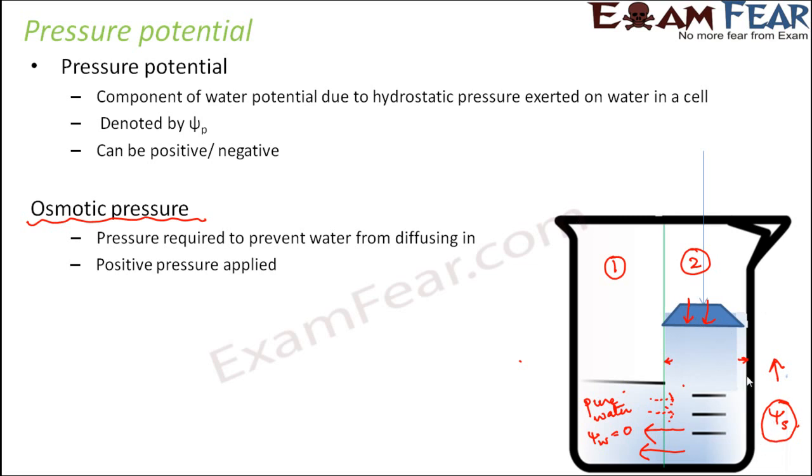But now by application of this pressure potential, it will again increase the water potential. So it might be able to convert this negative value into a positive value, or it might remain negative but the magnitude will at least decrease. Like if it was say minus 600, now it will be maybe minus 6. So that means it is still negative. That is why we said that pressure potential can be negative, but it increases the value of water potential.